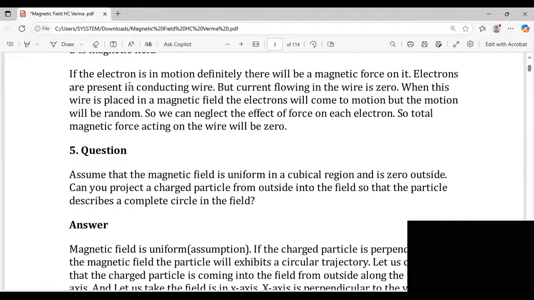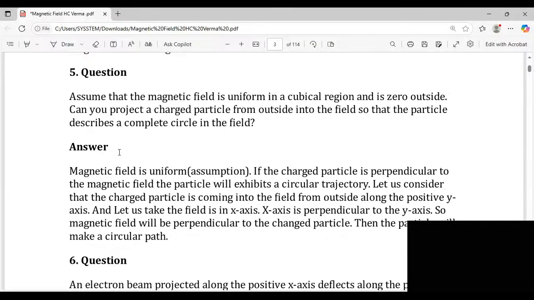Electrons are present in the conducting wire, but the current flowing in the wire is zero. When this wire is placed in a magnetic field, the electrons come into motion, but the motion will be random. So we can neglect the effect of force on each electron. So the total magnetic force acting on the wire will be zero.